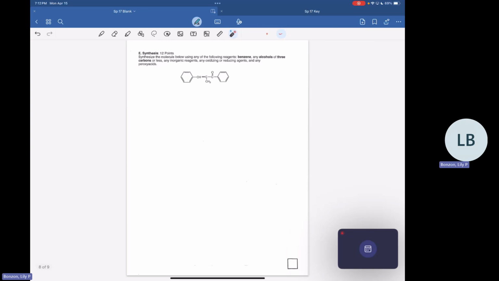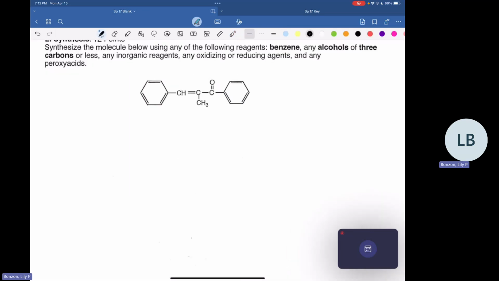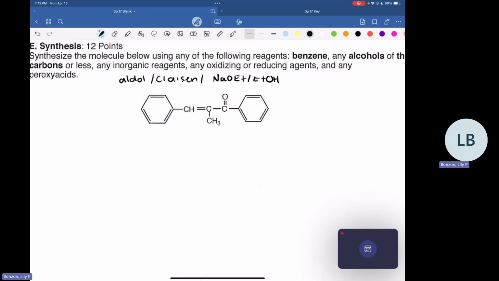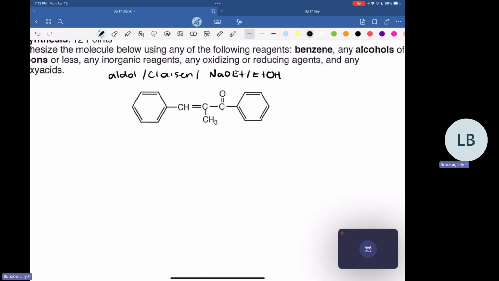All right, so let's look at our synthesis. So for this one, you've got Aldol, you've got Claisen, you've got all those fun NaOEt, EtOH reactions that are probably fair game, likely to be seen on the synthesis.